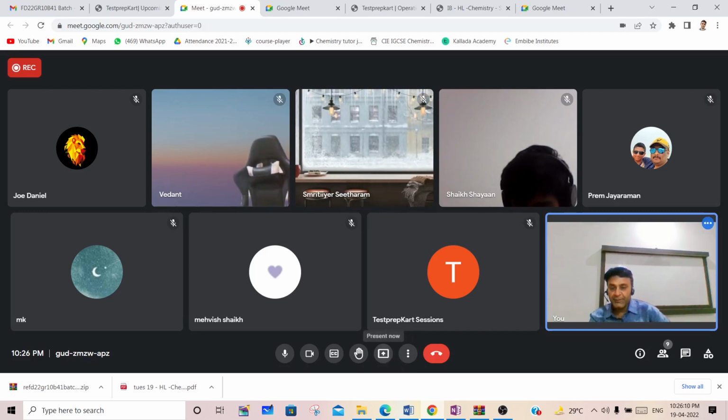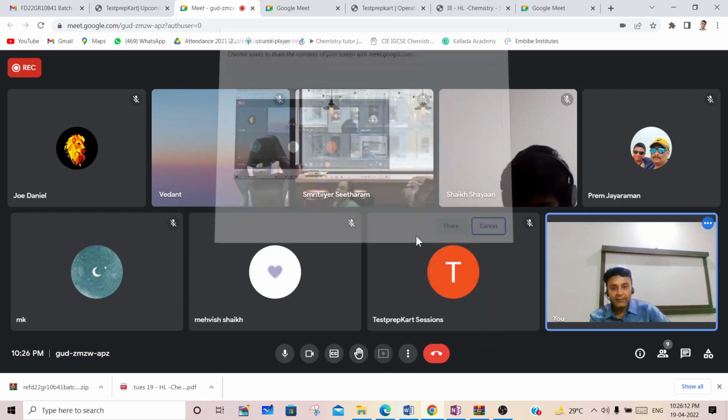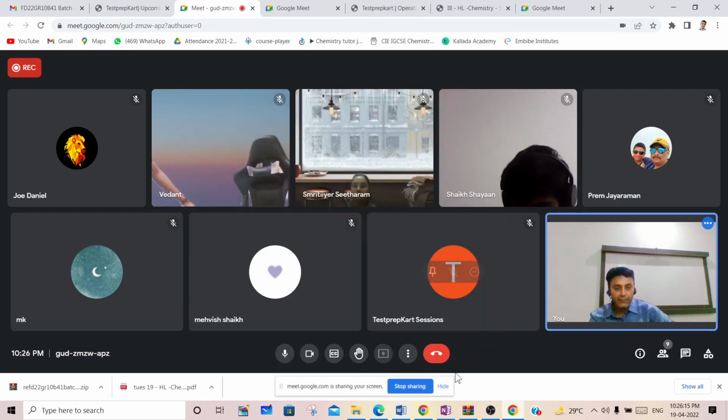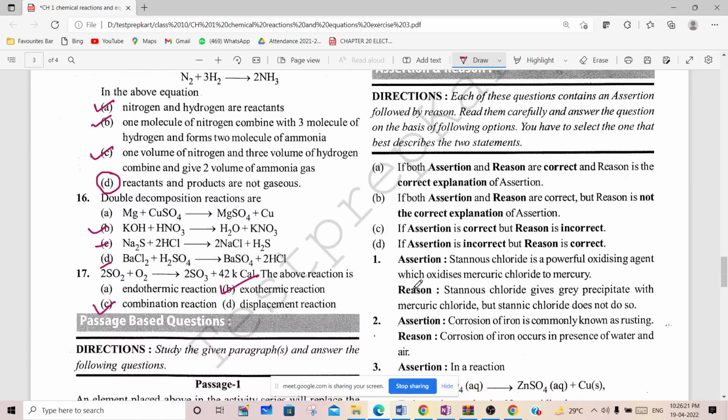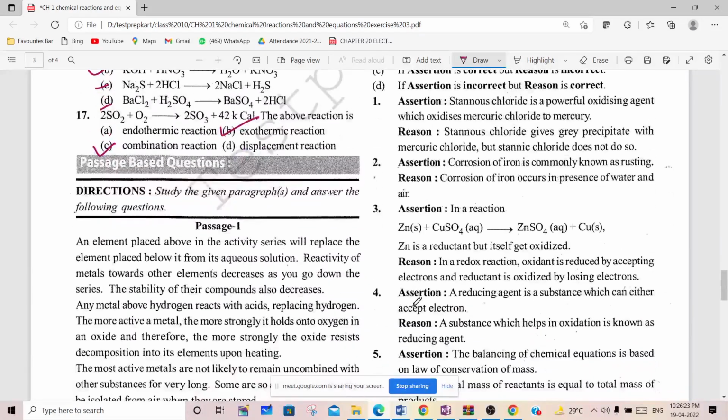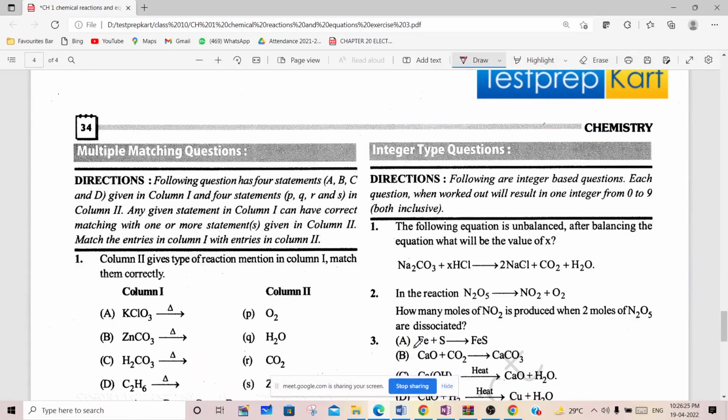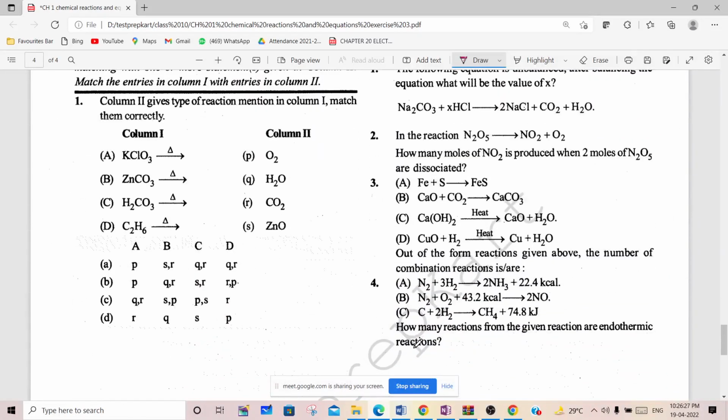Okay, I'm sharing my screen again. Can you match here?